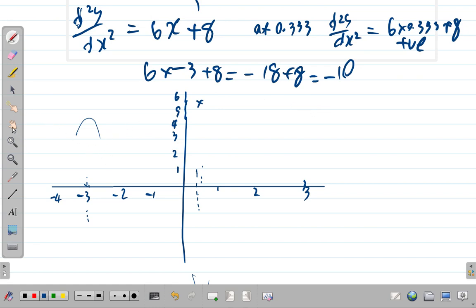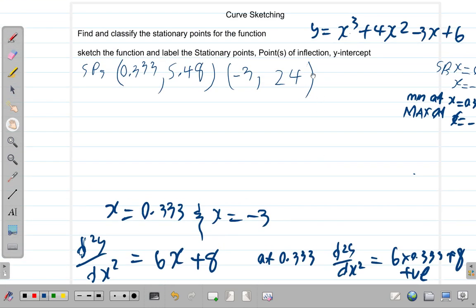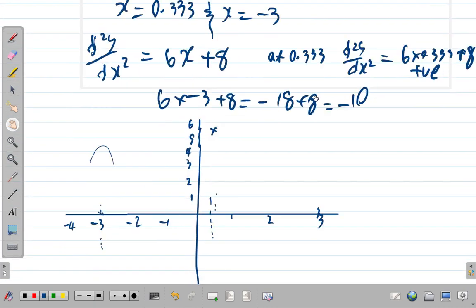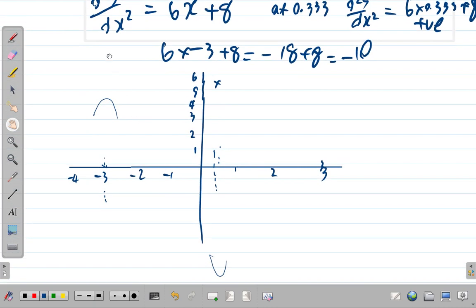And then the other point is at -3, 24. Oh, it will be way up. Alright? 24. So I'll have to recalibrate or redraw the graph. Let me put the 5 point something down here and then -3, 24 up here.